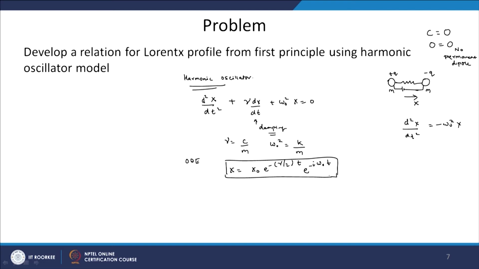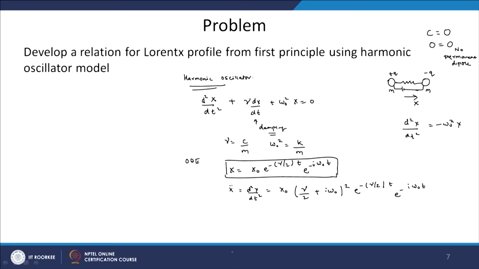Now we find the acceleration x double dot, that is d square x by dt square, which is equal to x naught times (gamma by 2 plus I omega naught) square, e power minus gamma by 2 t, e power minus I omega naught t. So, this is the acceleration of the mass of the system that we have calculated using this solution.